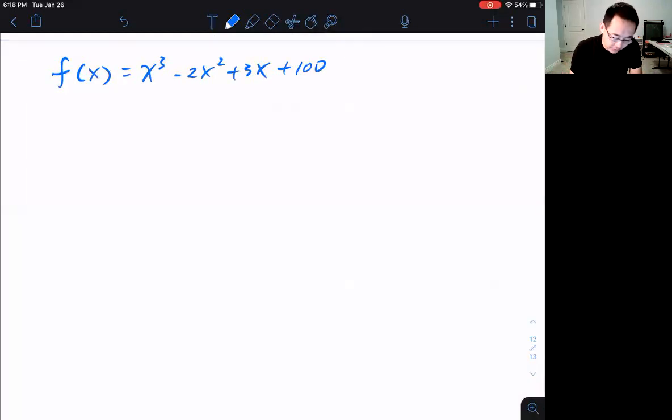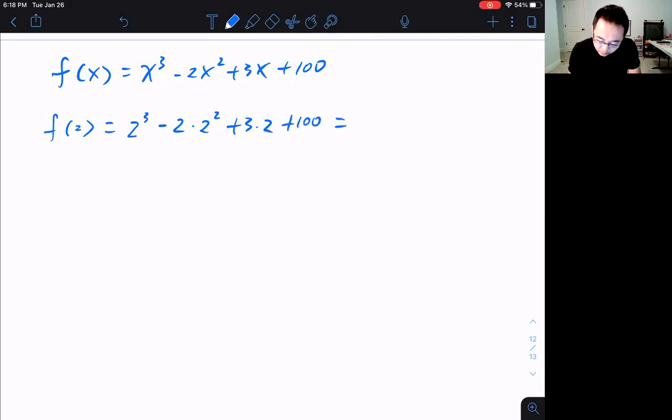So for example, you can say, okay, well, in this case, what is f of 2? Then you say, well, this is 2 cubed minus 2 times 2 squared plus 3 times 2 plus 100. And that will give you, okay, 8 minus 8 plus 6 plus 100, which will be 106.